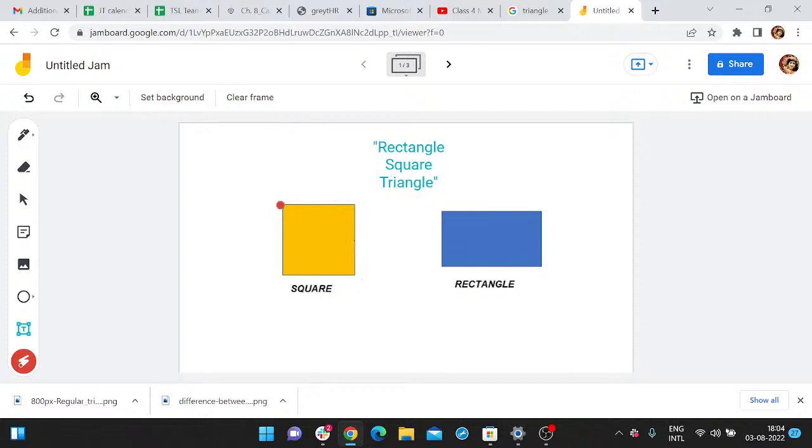I have just highlighted them. So these are the four sides of a square. And we can see that this square has four equal sides. That means अगर हम हर साइड देखें इस स्क्वायर की, सारी इक्वल लेंथ की है. Even if you take a ruler and if you measure the sides, they are going to come out as equal.